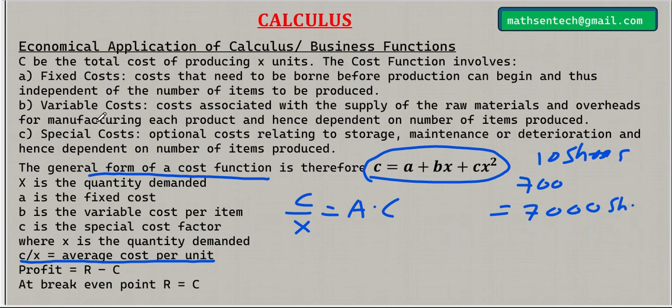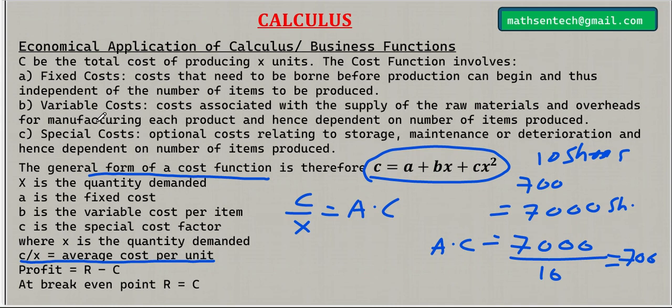Now if you're told to get the average cost, a simple average, as you all know, the average cost of this shoe is going to be the total cost, which is 7,000, divided by the number of shoes, which is 10. So the average cost here will be 700. That is the average cost per unit.